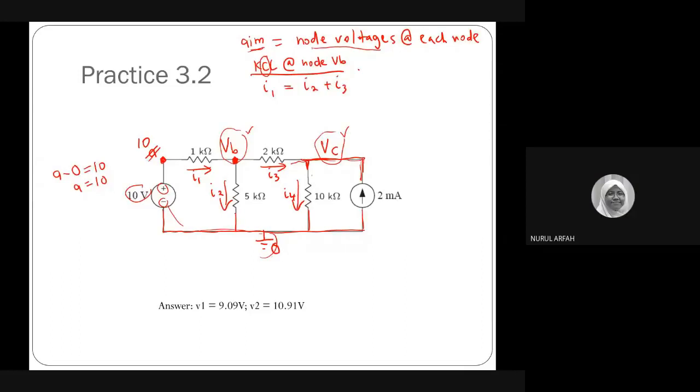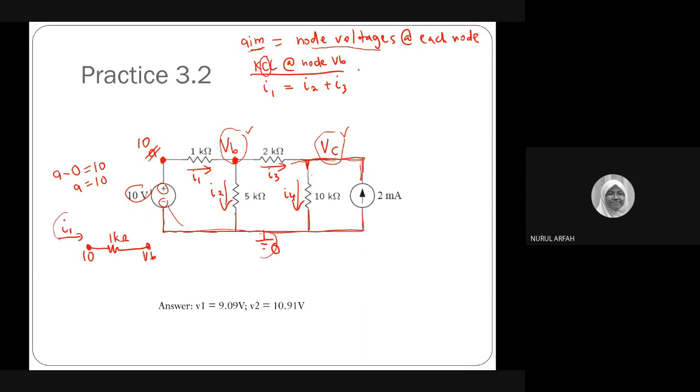Very good. Okay, what is I1 if you want to relate it with Ohm's law? I1 is equal to what? Yes, you need to use the passive sign convention. Since your current direction is this way, this is I1, and the resistor is 1 kilo ohm, this node is 10, and this node is VB.